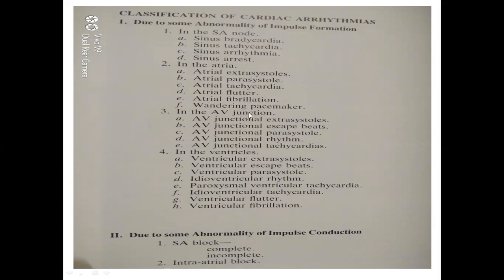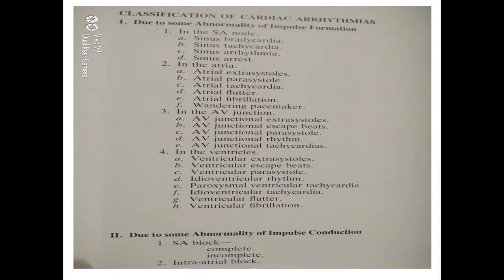Not there yet. Is it clear till atria? Yes, sir. Can we go ahead with the AV junction? Yes, sir. What is the heart rate of the AV junction? What is the normal heart rate of the SA node? 70 to 80.